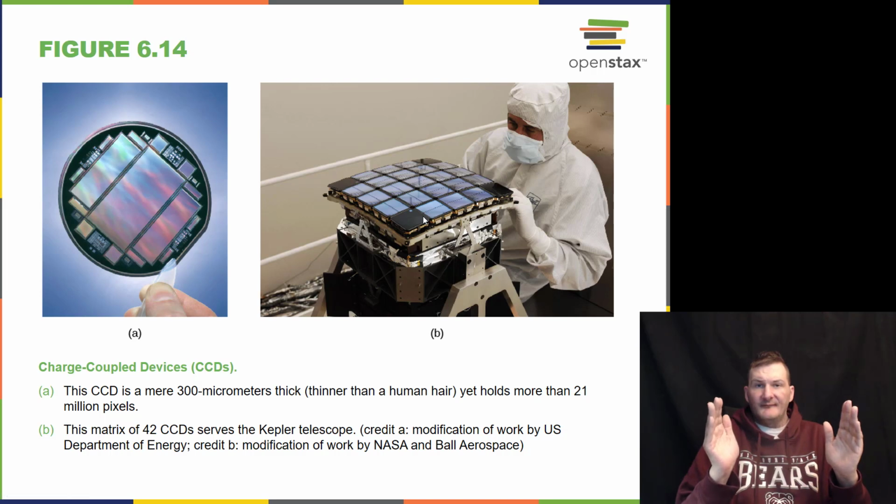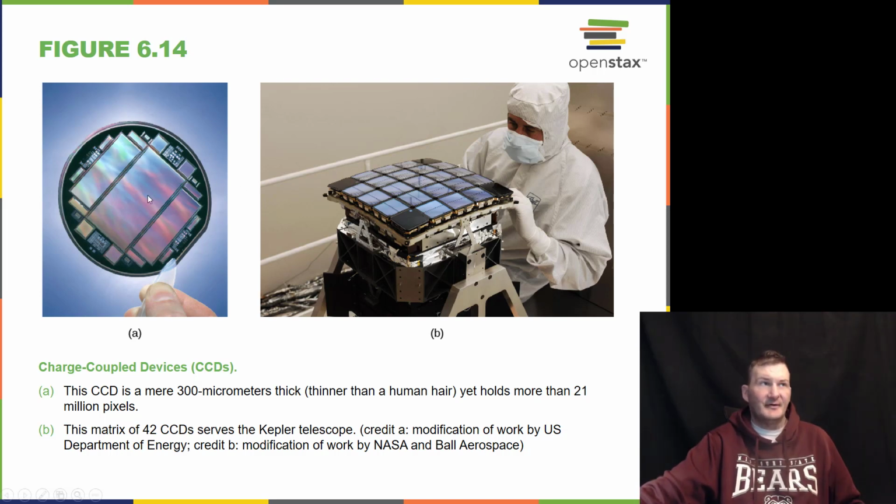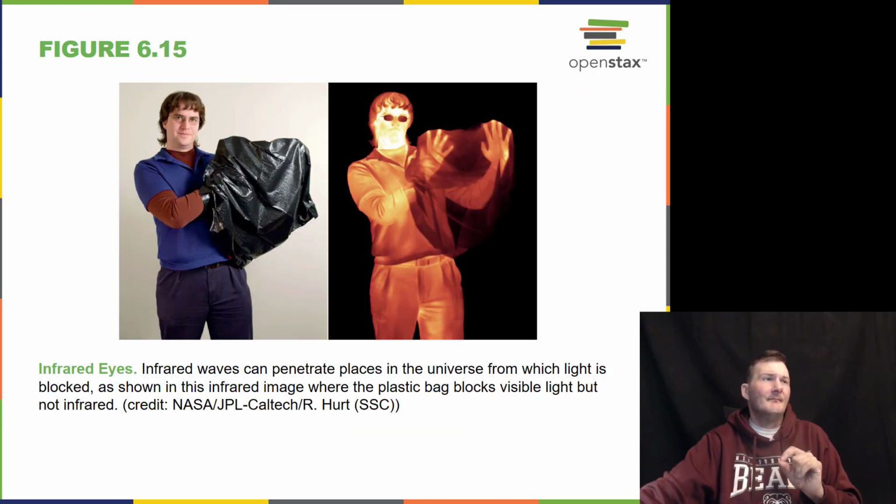A light photon, a particle of light, hits this silicon patch and creates an electrical current that can be detected by the electronics for that detector and camera and telescope. The number of electrons that we capture tells us how bright that object is, and we call that an electron well.